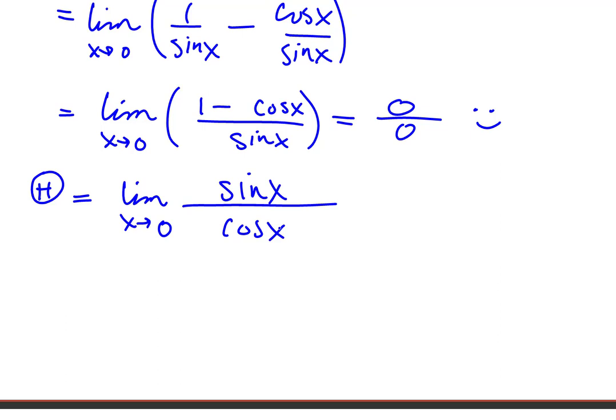Okay, so ultimately now, after taking the derivative of the numerator and the denominator, our result is simply sine over cosine, and we're trying to take that limit as x approaches 0, which you can simply plug in. Sine of 0 is 0, cosine of 0 is 1, so what do you know, 0 over 1 is actually 0, which means we've now found the limit, thanks to L'Hopital's rule.